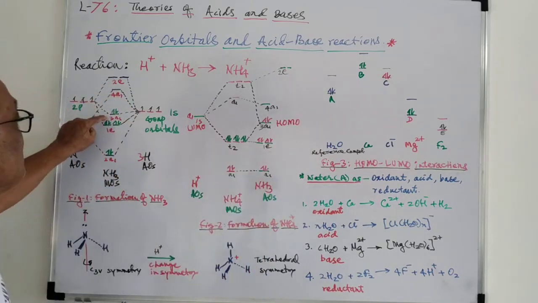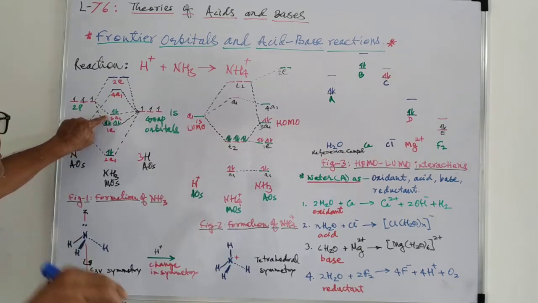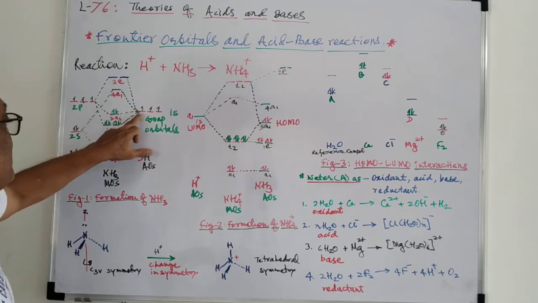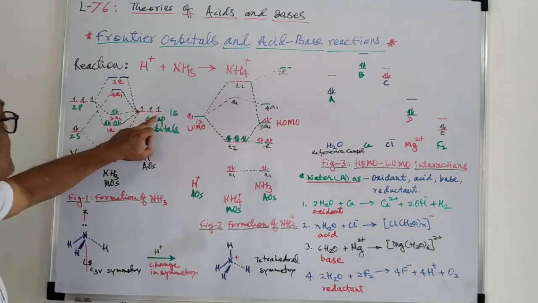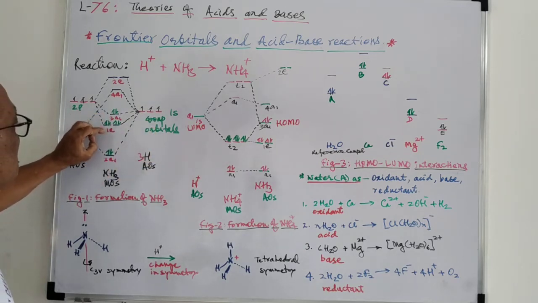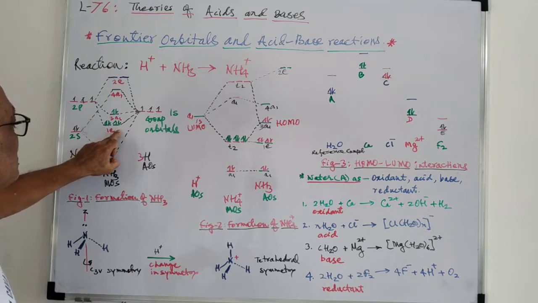But here you will find that the A1 symmetry orbital is also there, and it is lower in energy than these group orbitals, but it is very close to these E symmetry orbitals.